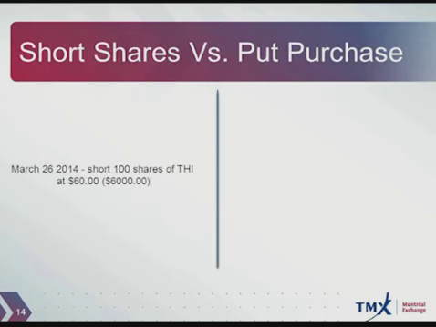And so if we take a look at, let's say, Tim Hortons as an example, maybe a little overbought, and looking at the shares being up around that $60 level, we could in fact short sell the stock in a non-registered account and take advantage of the stock dropping in value.